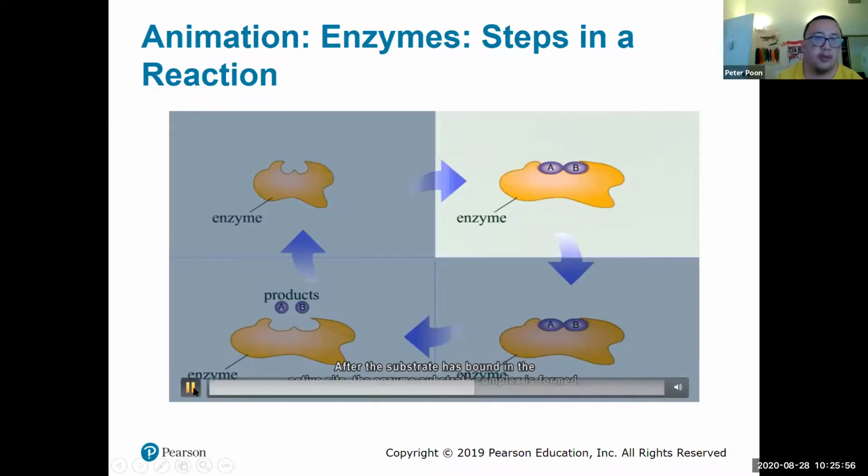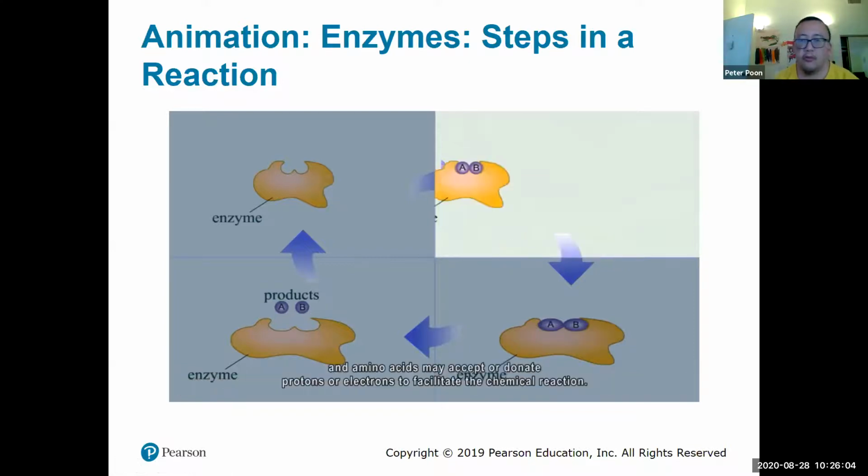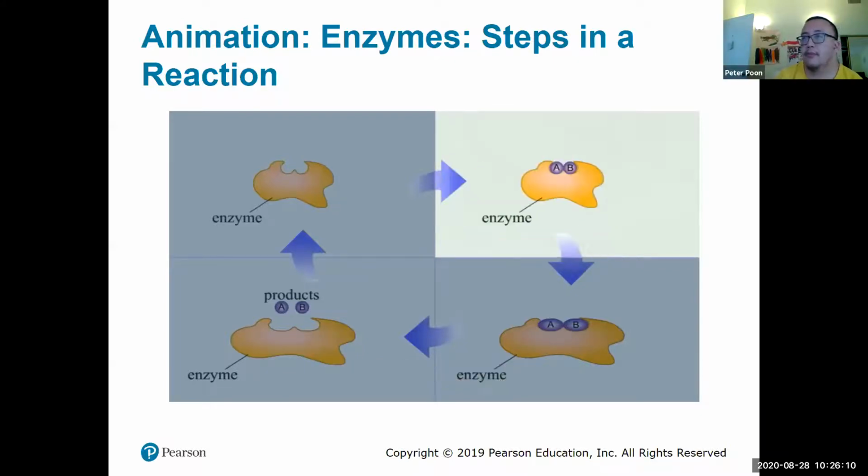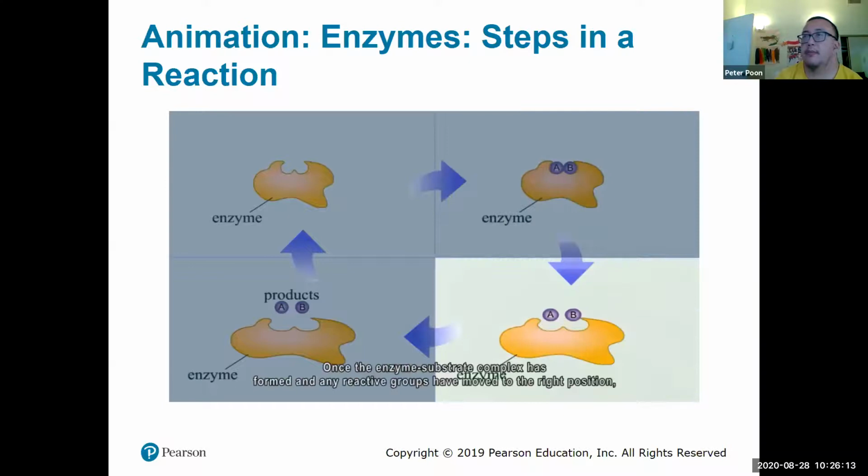In the active site, the enzyme substrate complex is formed. The shape of the enzyme may change to allow for an efficient chemical reaction, and amino acids may accept or donate protons or electrons to facilitate the chemical reaction. Once the enzyme substrate complex is formed and any reactive groups have moved to the right position, the reaction proceeds and products are formed.